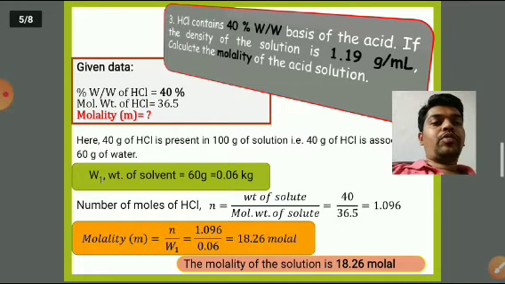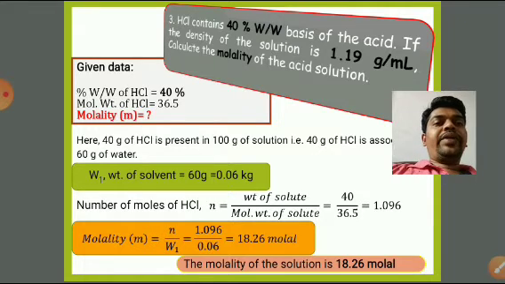Now the third numerical problem. The HCl contains 40% weight by weight basis of acid. If the density of the solution is 1.19 gram per ml, then we have to calculate the molality of the acid solution. So in this numerical problem we have to calculate the molality of the solution.